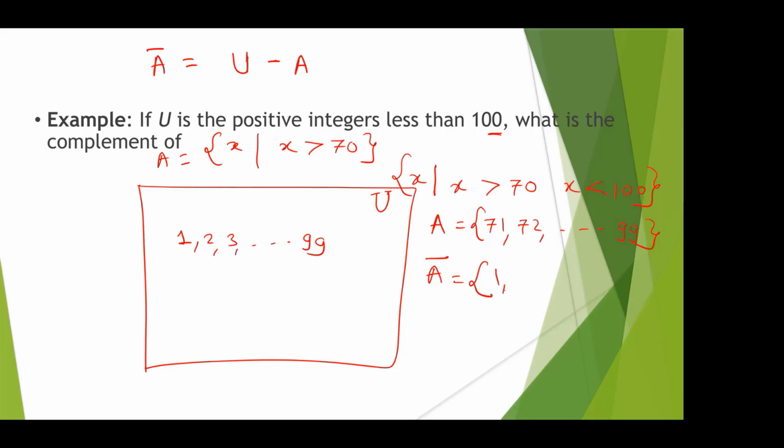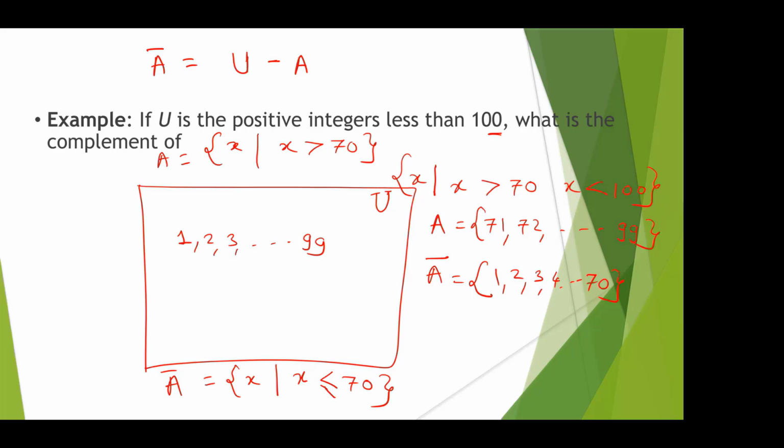So those will be the elements 1, 2, 3, 4 up to 70, because 71 to 99 will be part of my set A. In other words, A complement is x such that x is a positive integer and x is less than or equal to 70.